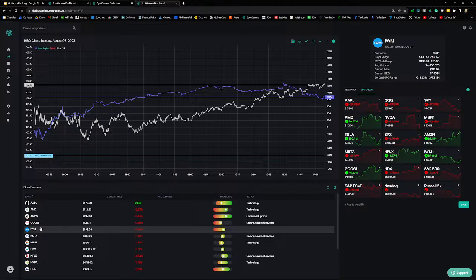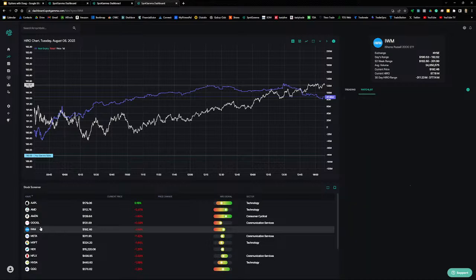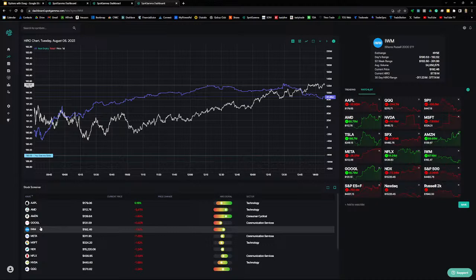All right, so the RTY, we'll just compare IWM with QQQ. So IWM is down about 0.93% versus QQQ 1.2%. So IWM is still down for the day, but not down as far as the QQQ.